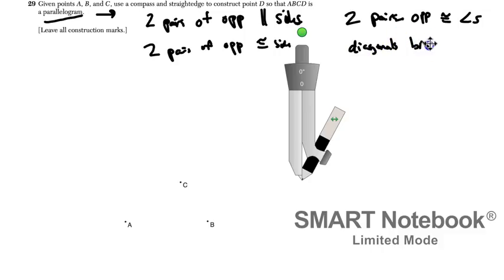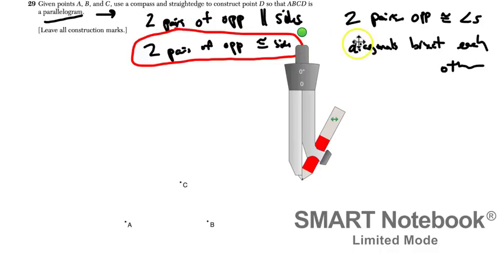You can do this so many ways. The one I'm going to stick with is this because I find it really easy to construct congruent segments. These other ones to me take a little bit more work. Again, doable, just not as intuitive to me.